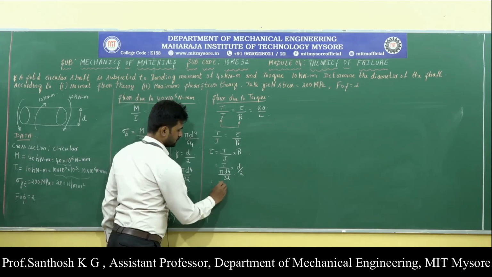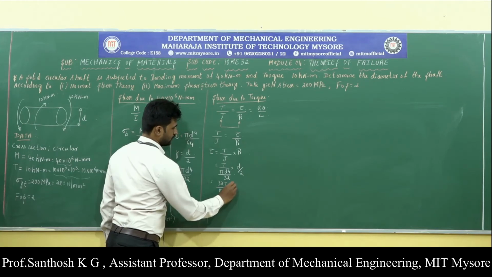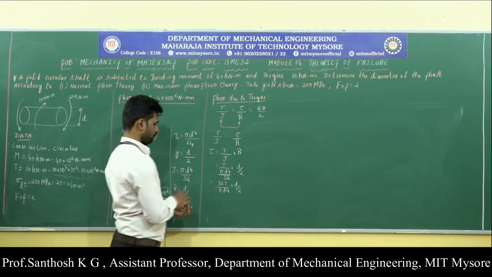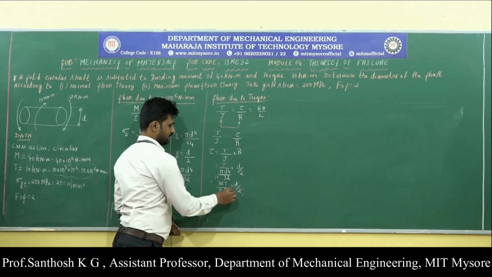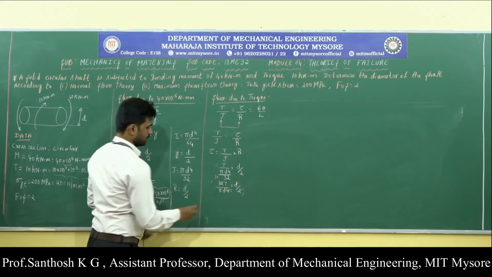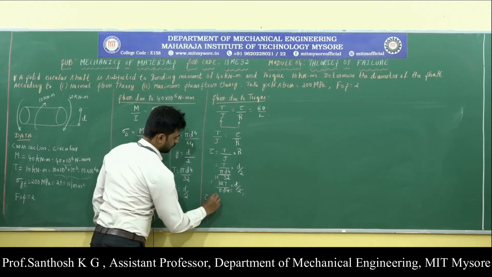So, this equals 32 into T divided by pi into d to the power of 4 into d divided by 2. 2 ones are 2, 16s are, and this d will cancel out, then I will get the value of tau as 16T divided by pi d cube.